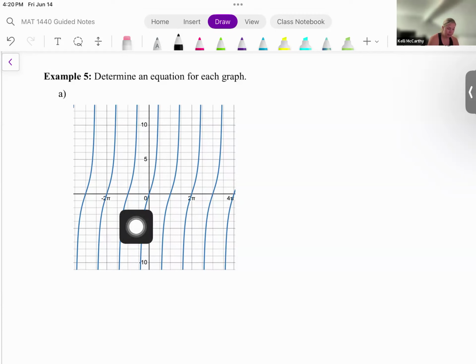Because we intersect that value of 0, 0, we're actually going to start with our tangent function. We also see that increasing branch. So this does look like a tangent function with no phase shift.